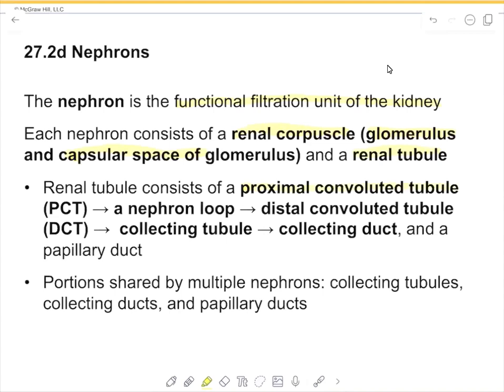The first part is called the proximal convoluted tubule, abbreviated as PCT, a nephron loop, a distal convoluted tubule, abbreviated as DCT, collecting tubule, and then finally collecting duct. So portions are going to be shared by multiple nephrons, which include the last parts, the collecting tubules, collecting ducts, and then the papillary duct.